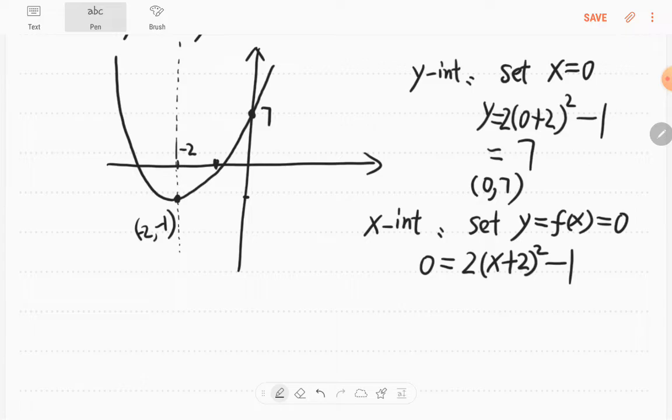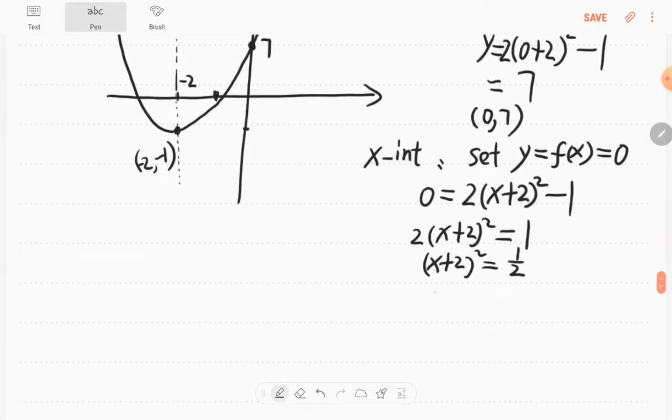We don't need to expand it. So you have 2(x plus 2) squared equals 1. We divide by 2. So you have (x plus 2) squared equals 1/2. Then we have the square root property. X plus 2 equals plus or minus square root of 1/2.